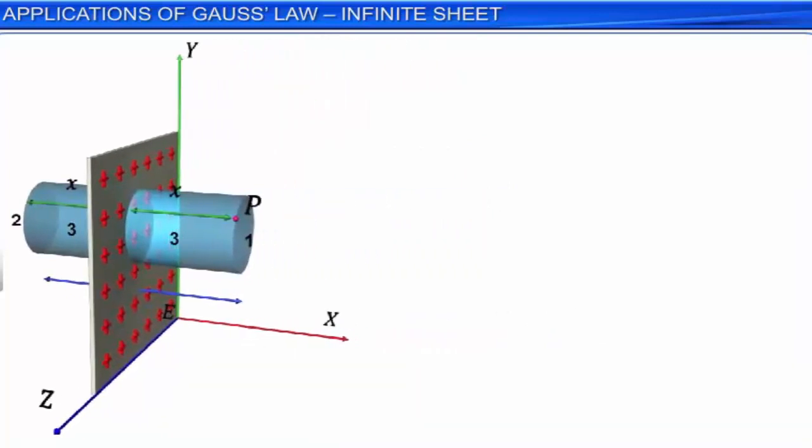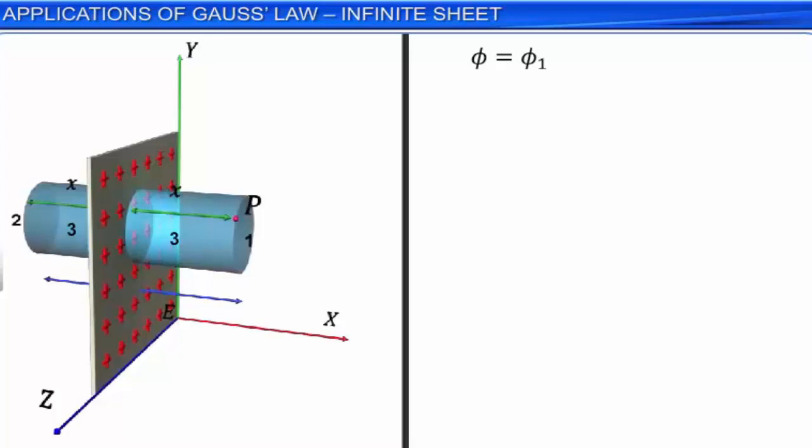The total electric flux, phi, through the Gaussian cylinder is the sum of the electric flux, phi 1, phi 2, and phi 3 through the surfaces 1, 2, and 3 respectively, of the Gaussian cylinder. Let this be equation 1. Let us first calculate the electric flux, phi 1, through surface 1.